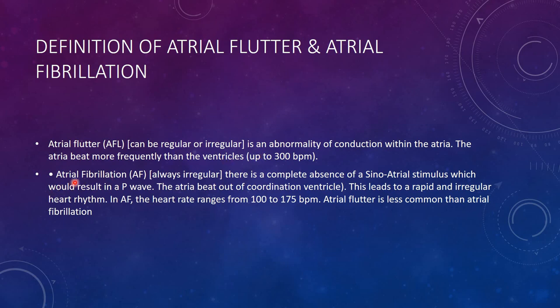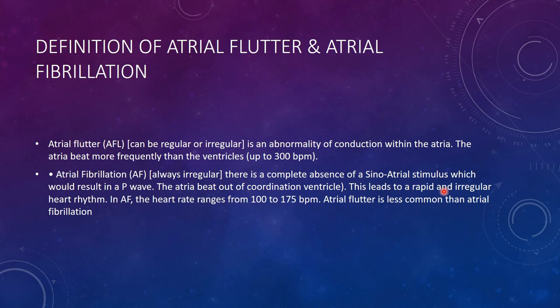Next is atrial fibrillation, AF in short. It is always irregular and there is a complete absence of a sinoatrial stimulus which would result in a P wave. The atria beat out of coordination with the ventricles.